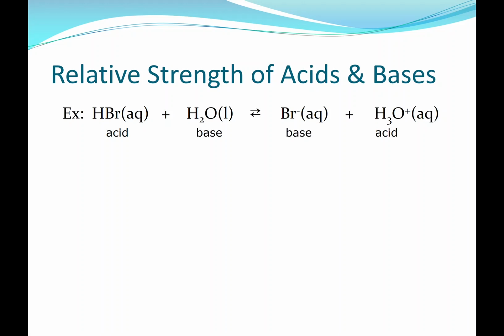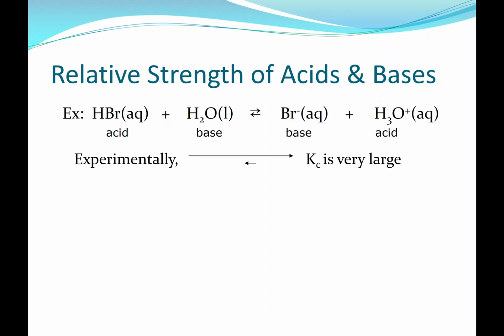Again, we have two conjugate acid-base pairs. We have HBr as the acid on our reactant side, Br minus as its conjugate base. That's one pair. Then we have water acting as a base on the reactant side, and hydronium ion as its conjugate acid on the product side.